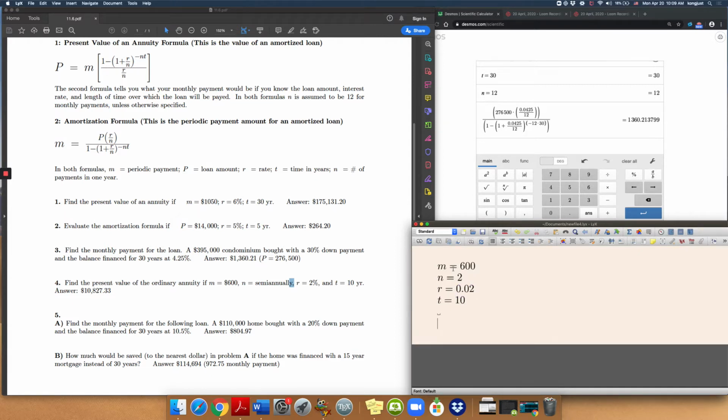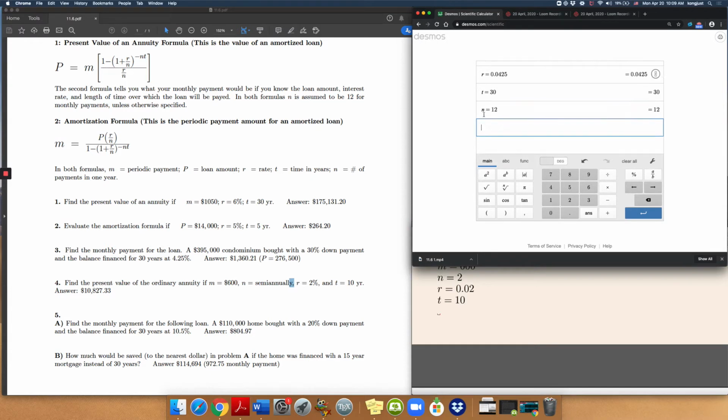Okay, so those are the things I'm going to plug into this formula to know the present value. Alright, let's do that. Let's get rid of these old ones I don't need. Just to remind myself, I'm looking at this formula on the left as I type it in.